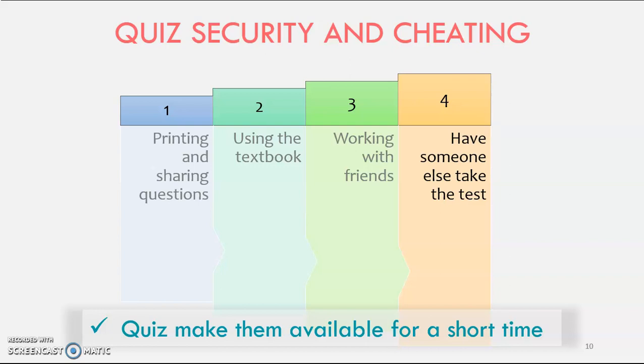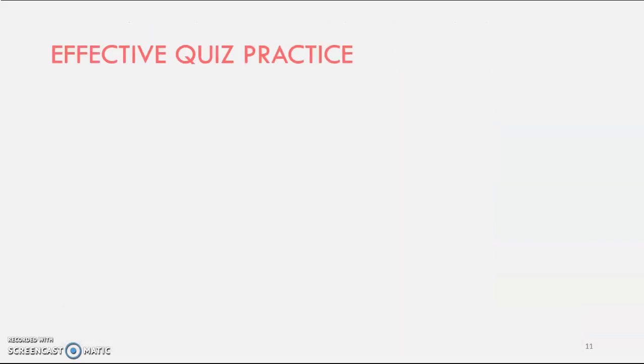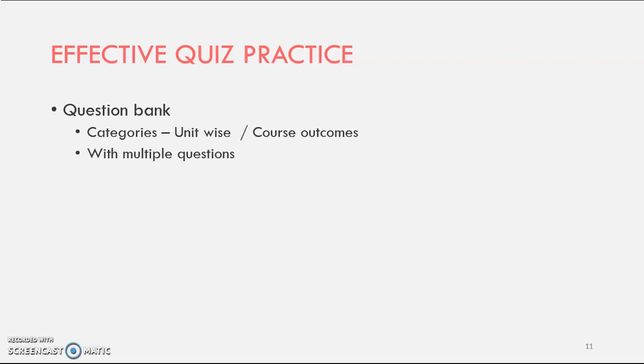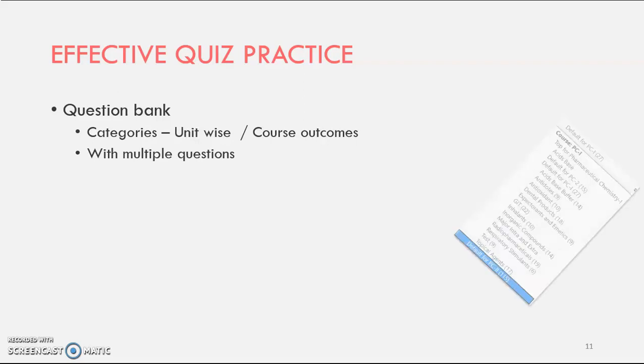A few precautions will eliminate most of the easy cheats and the classic strategy will work for the others. So here are some effective quiz practices. You have to establish a question bank along with different categories, either unit wise or course outcome wise, with multiple questions.